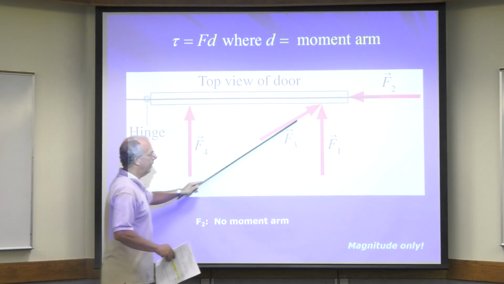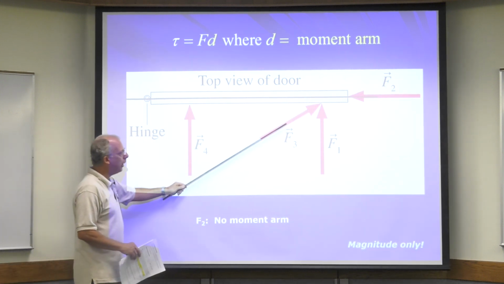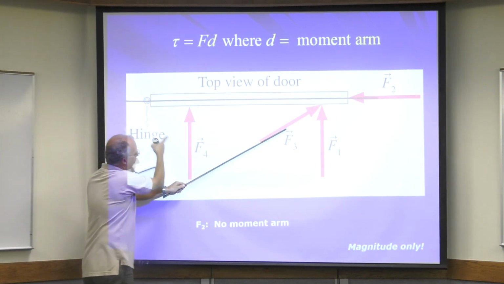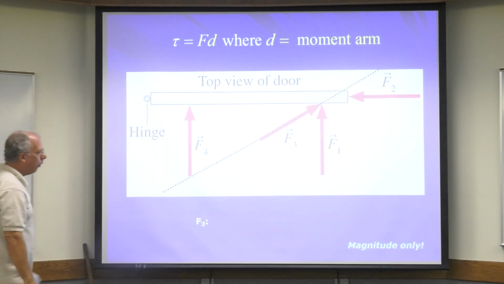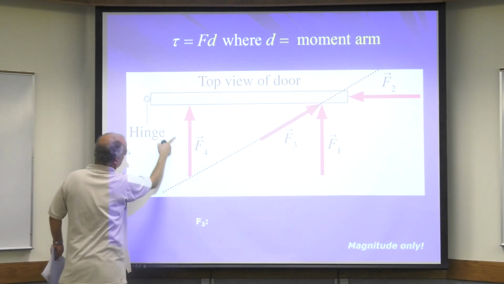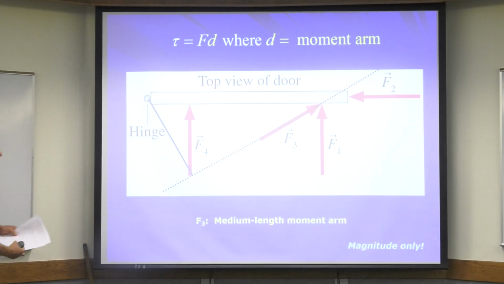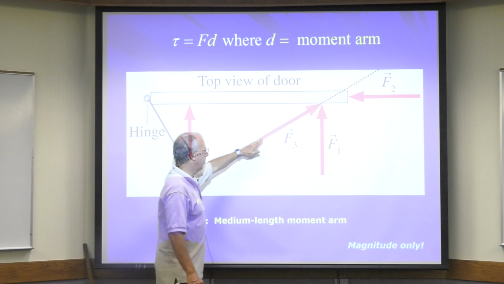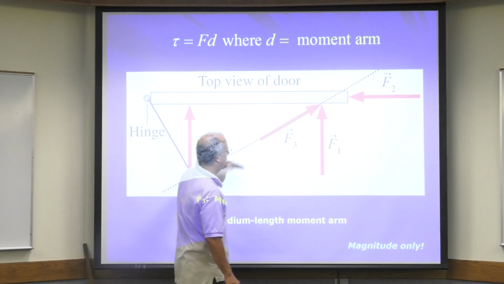Then the lever arm is the perpendicular distance from the axis of rotation to the force line. So there it is. Medium length, so it's going to be kind of difficult to open the door if you push on F3 at that crazy angle.